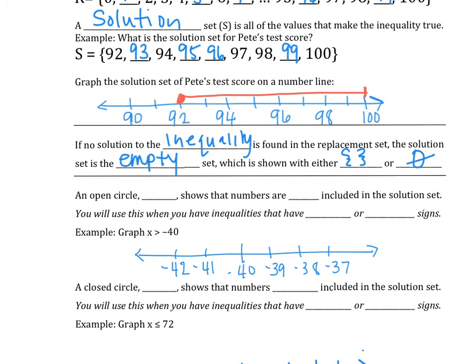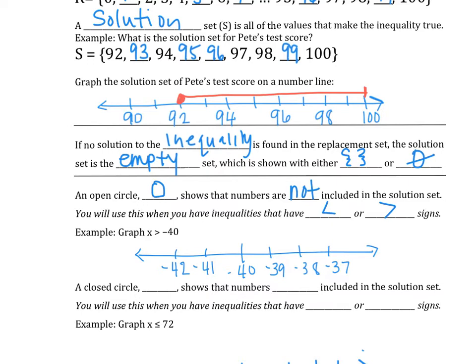An open circle, which would look like this, shows that numbers are not included in the solution set. So you will use this when you have inequalities that have a less than or greater than sign.